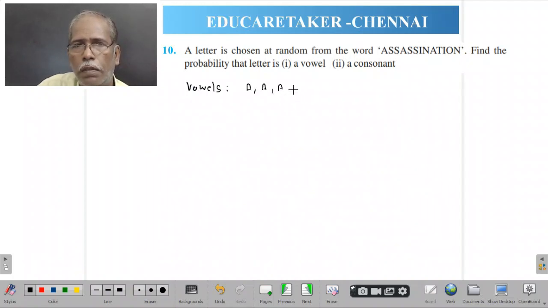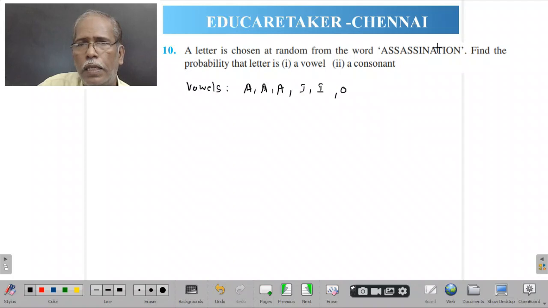A, E, I, O, U are vowels. A occurs 3 times. I is also a vowel, so 2 I's, and O is a vowel. E is not given. So these are the vowels.